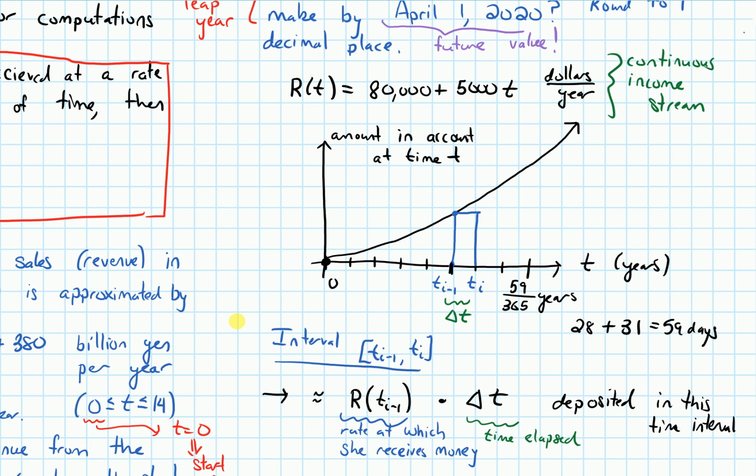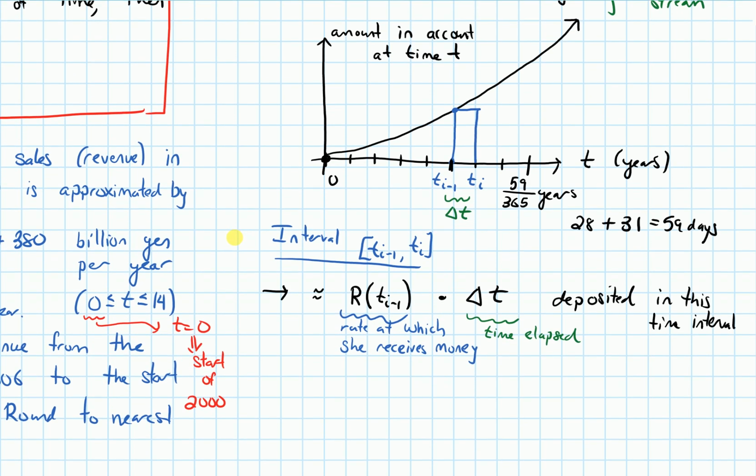Okay, but we also have to factor in the fact that she's going to earn interest. So she'll get this quantity that she deposits, but then that quantity is going to earn interest for a certain amount of time. How much time is this going to earn interest for? Well, we've marked the starting point as t sub i minus 1, and we care about measuring what's going on starting at that time until the end of this interval, up to 59 over 365.